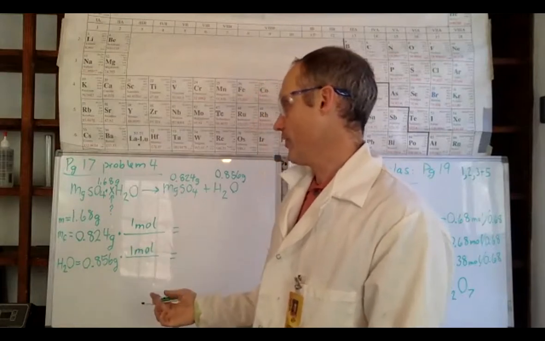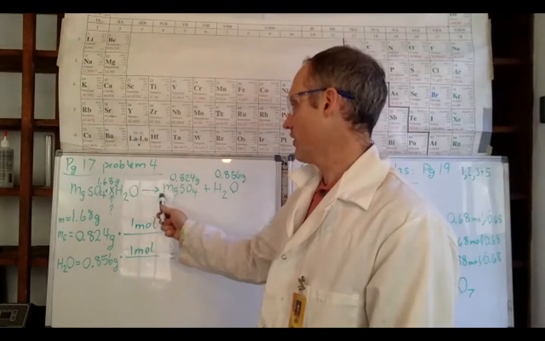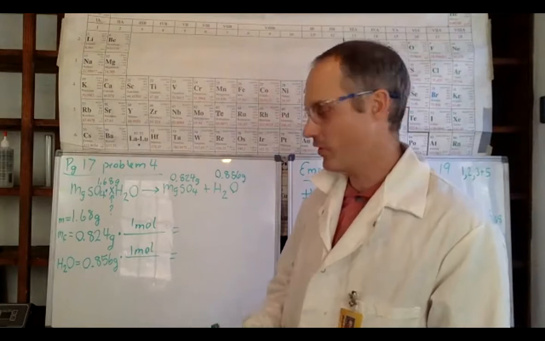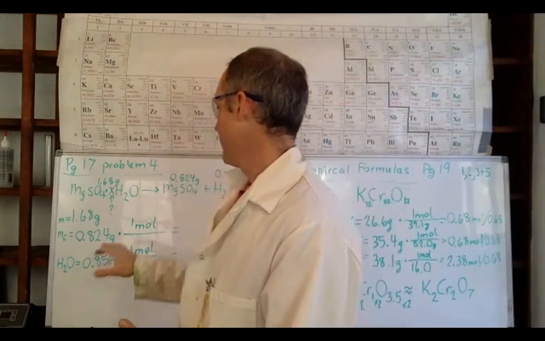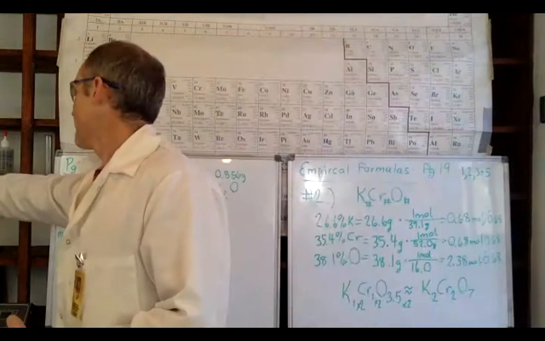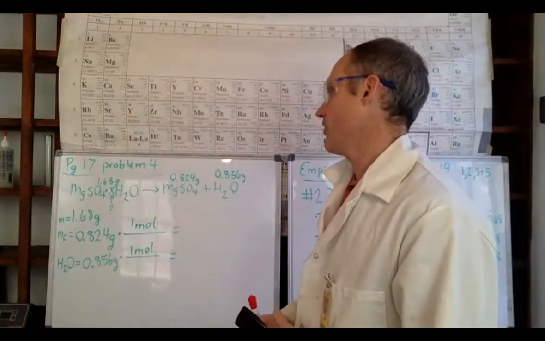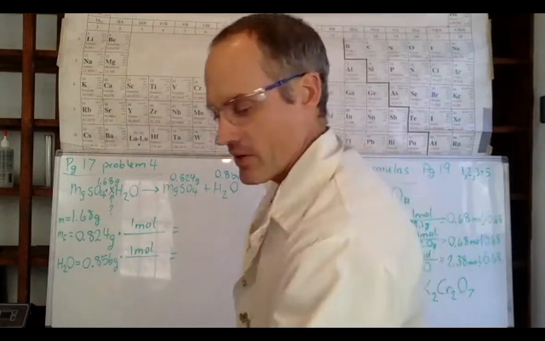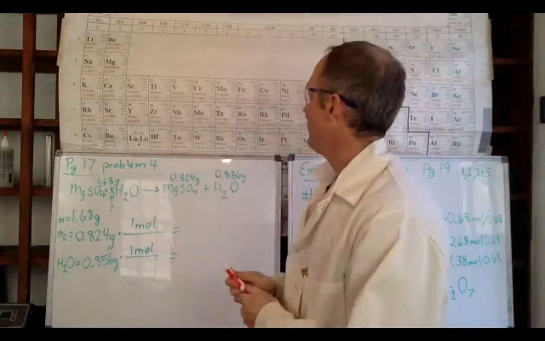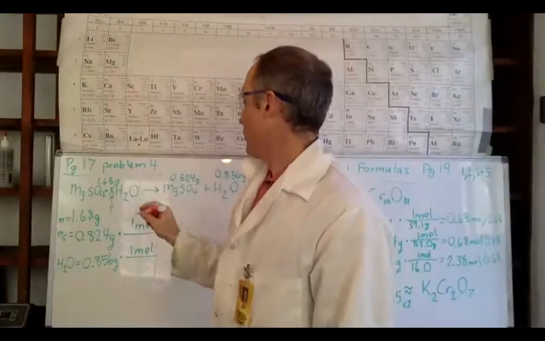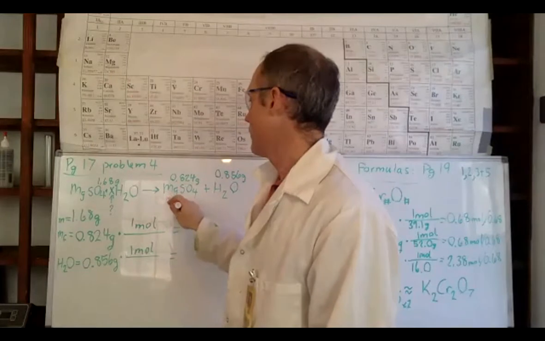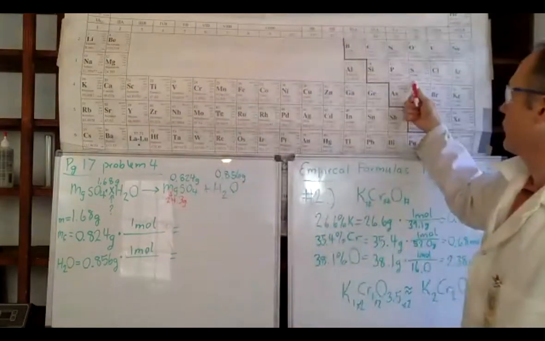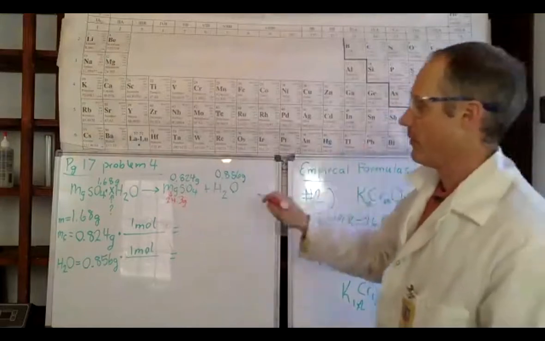And now it's a little harder because it's this all together and this all together. So we need to find the formula weight of the entire compound. To do that, we need to use our periodic table and look up all the weights. So we have magnesium, which is 24.3. We have sulfur, which is 32.1 if you round it out.